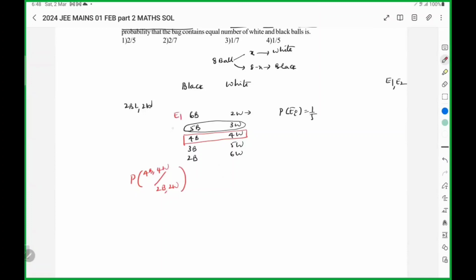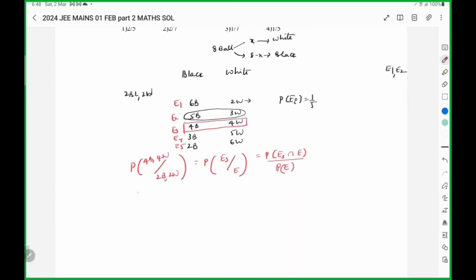So let me write E1, E2, E3, E4, E5. What he is asking is P of E3 given getting two black, two white is E. So this is P of E3 intersection E by P of E. P of E, regarding the denominator, if the bag contains six black and two white, getting two black and two white.